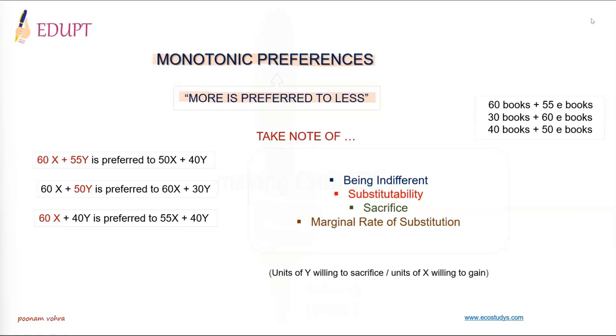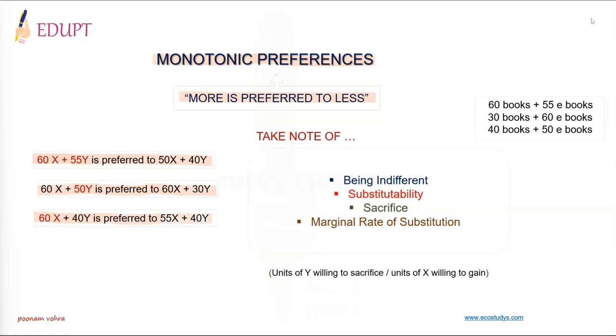For example, a combination of 60x and 55y is preferred to 50x and 40y, or 60x and 50y is preferred to 60x and 30y, or 60x and 40y is preferred to 55x and 40y.